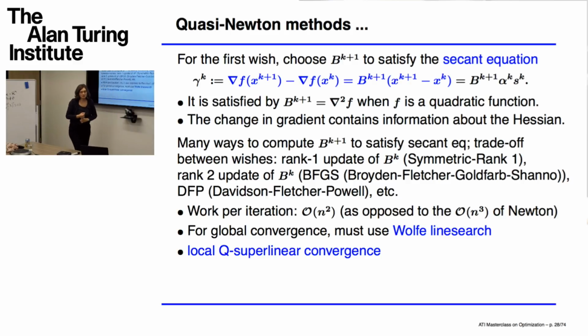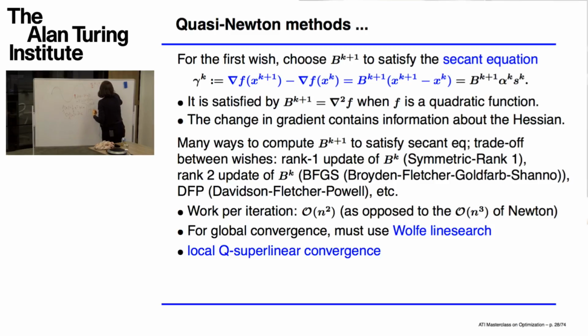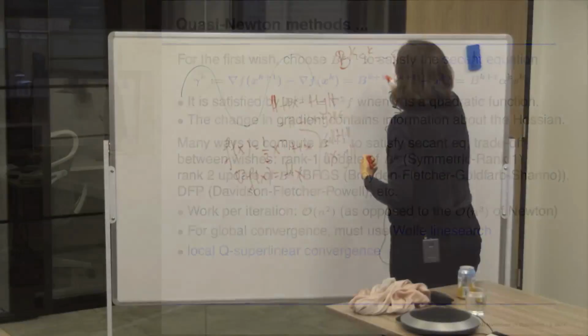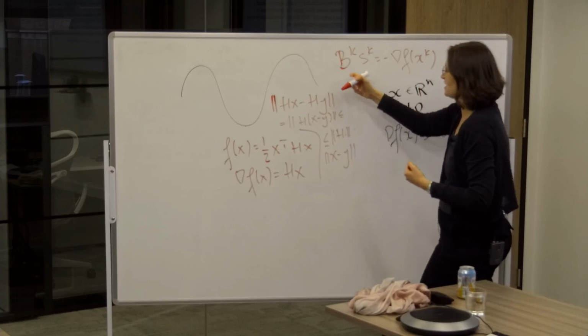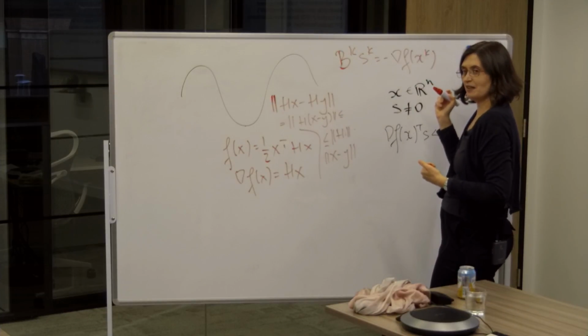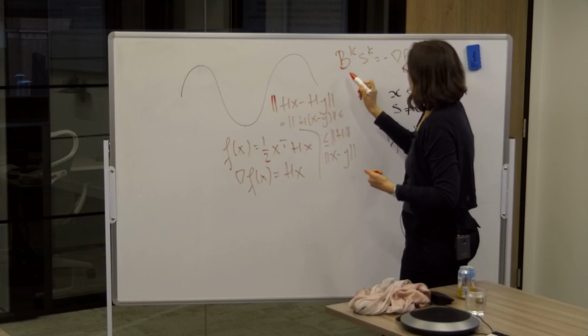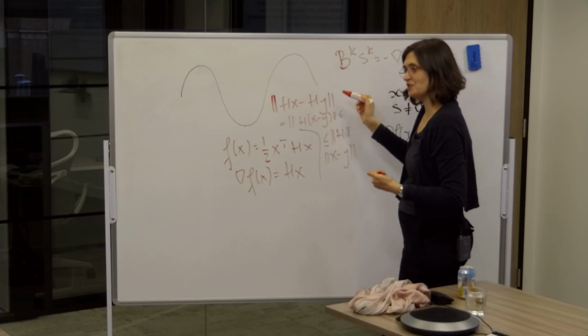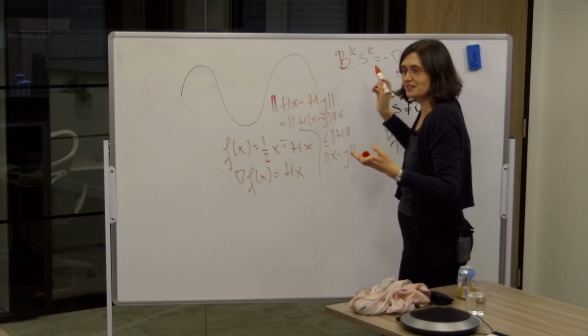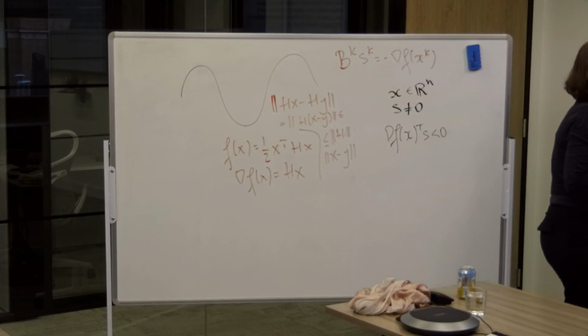The other thing that we can do is, because a lot of these updates are rank 1 or rank 2 updates, we can use the famous Sherman-Morrison-Woodbury formula to show that when you try to solve the linear system for the direction, usually you would have to factorize this matrix and solve this as a linear system. But because with quasi-Newton methods you just update this at each iteration, you can show that you can invert this in just order n squared rather than n cubed operations.